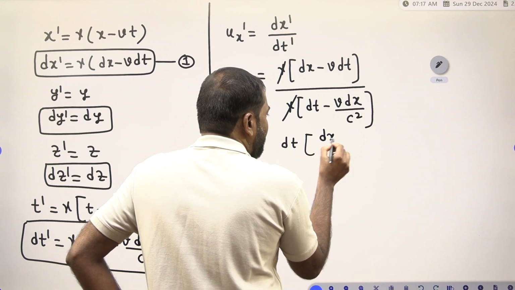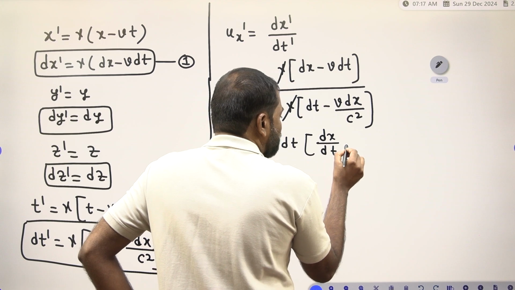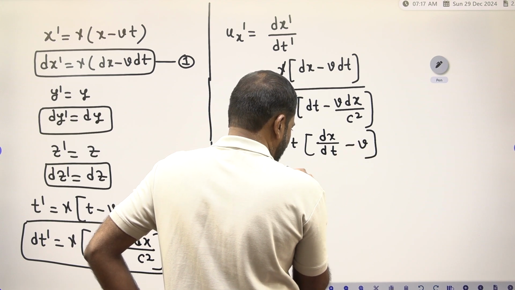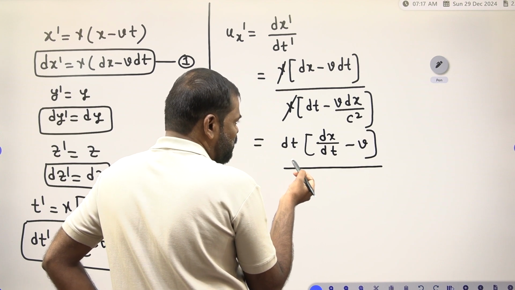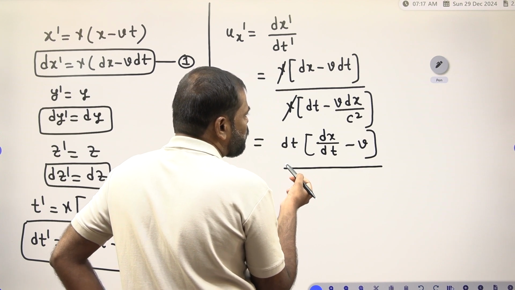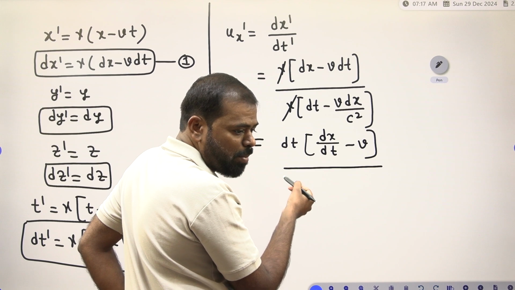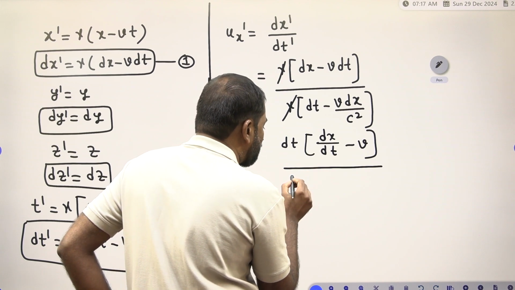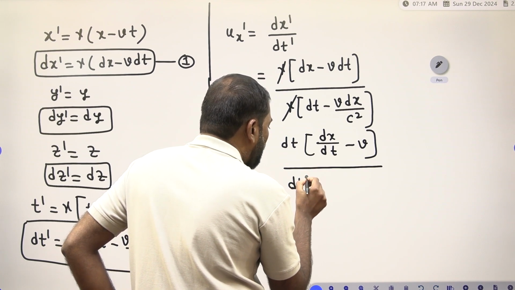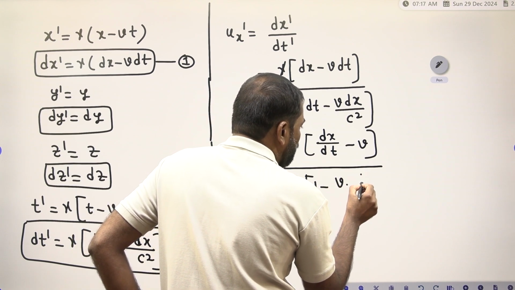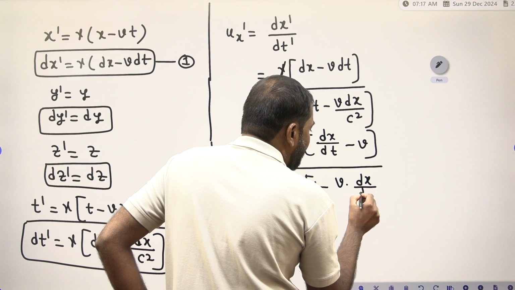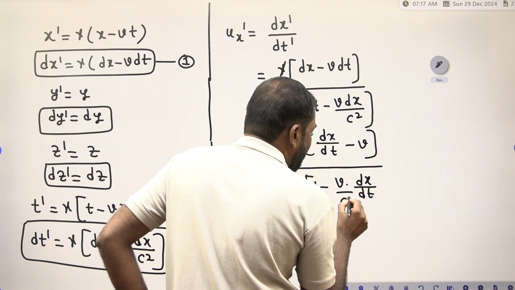So therefore dx by dt, so minus v is divided by... you have to take the common, you have to bring dt outside, you have to bring 1 minus v into dx by dt divided by c square.